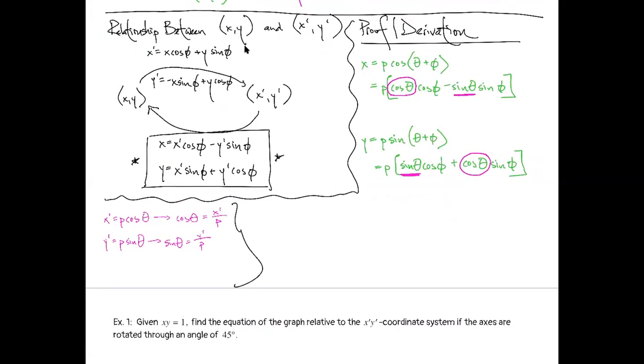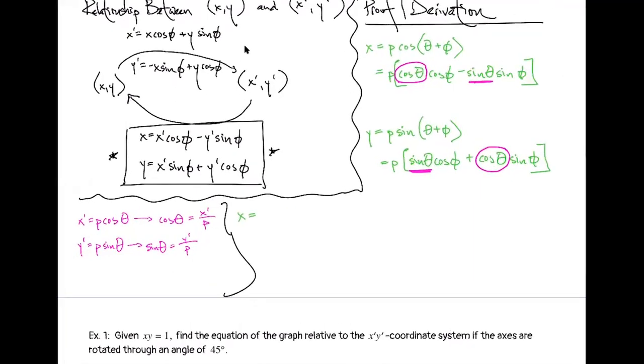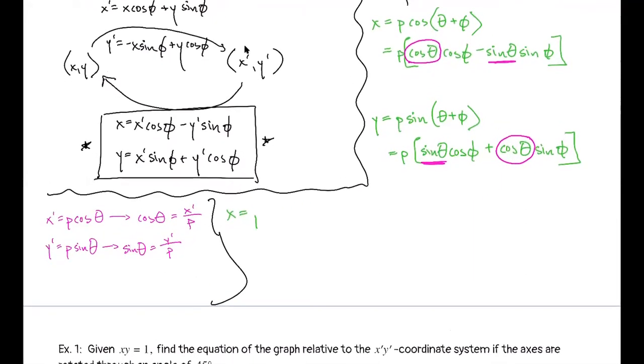And I think this step is pretty cool, okay? So for the x, I get p times x prime over p cosine phi minus y prime over p sine phi.